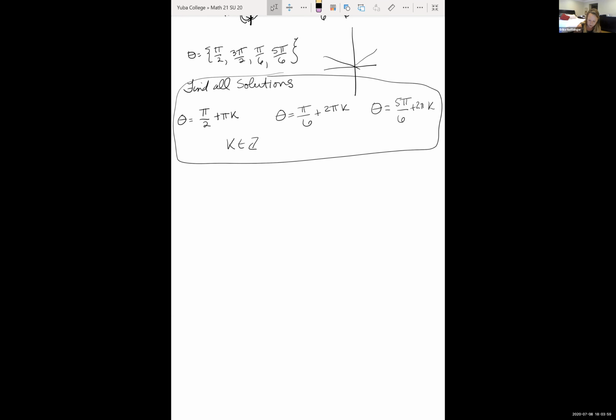I'll do one more. So this says find the exact value of sine of 2 sine inverse of 1/2.